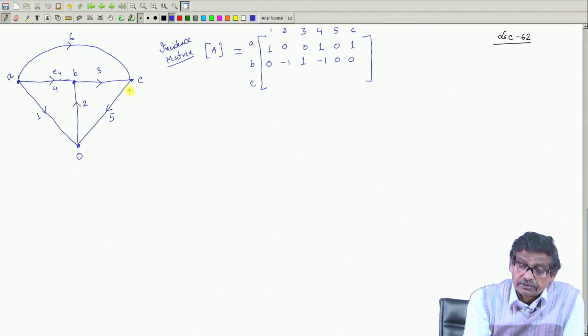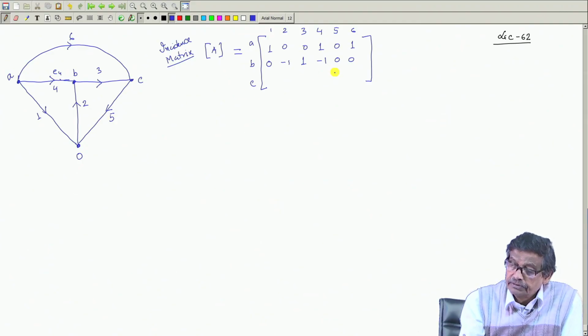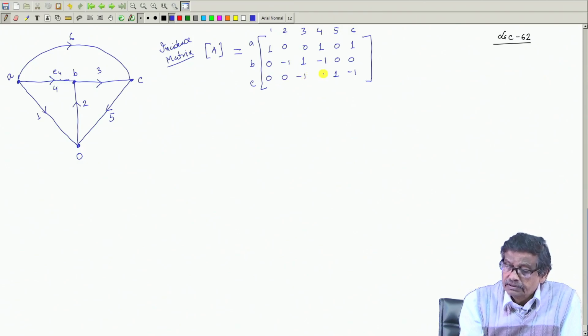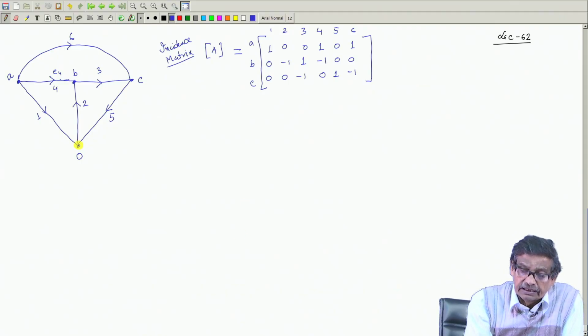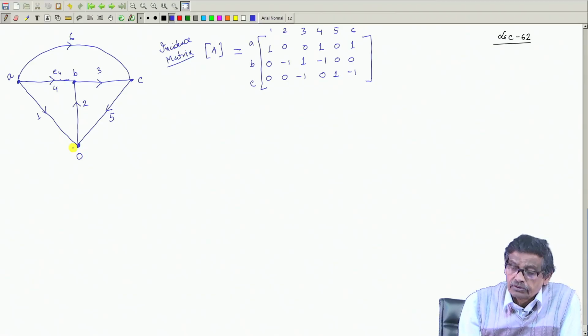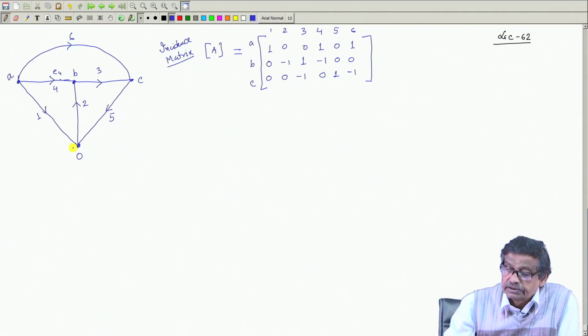Similarly at node C, things going out is I5, so I5 will be +1, and 3 and 6 are coming in. This is how easily this matrix, the reduced order incidence matrix, is written. We are not writing down KCL at O, because that is not going to give any new equation.